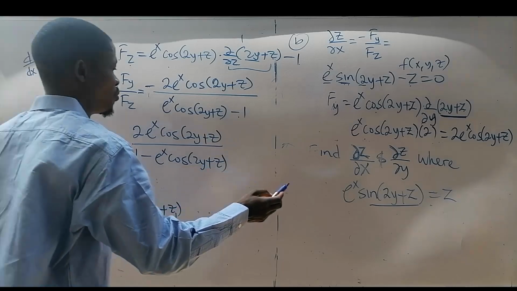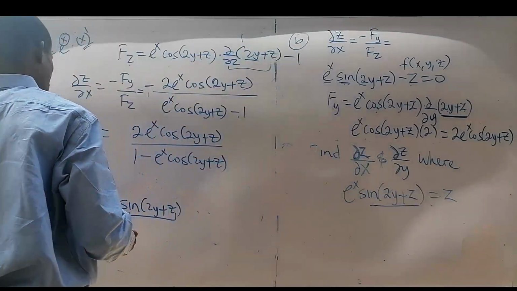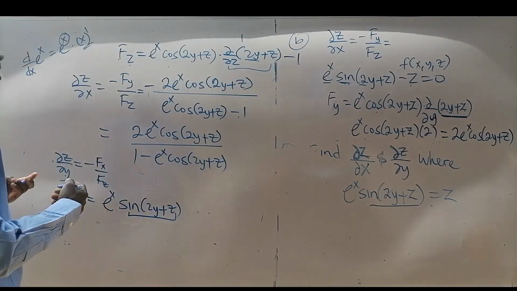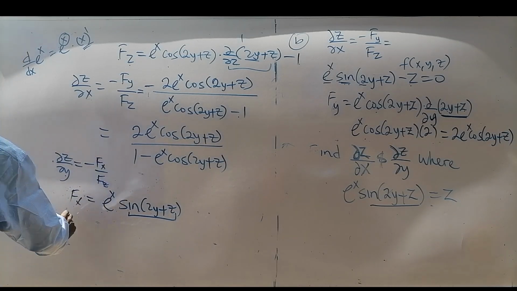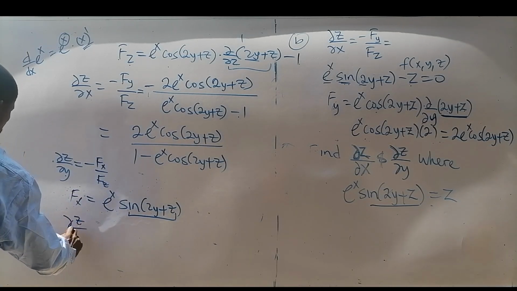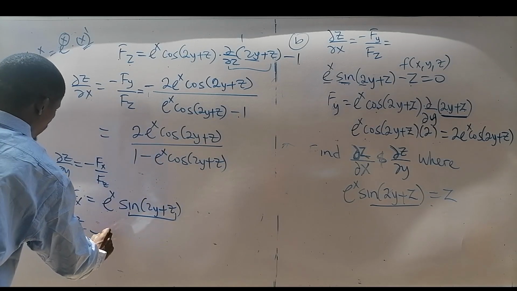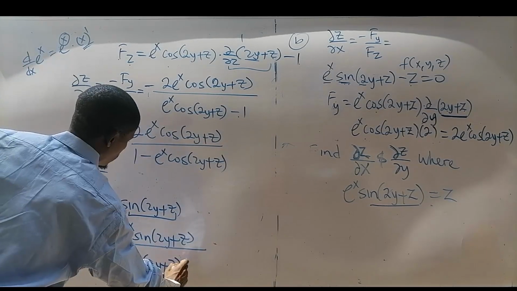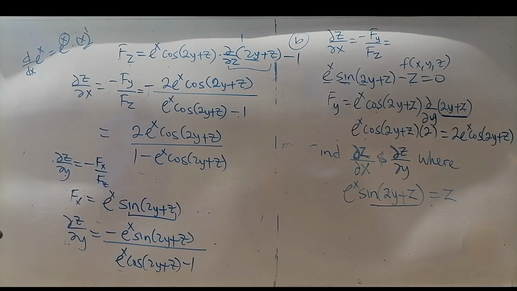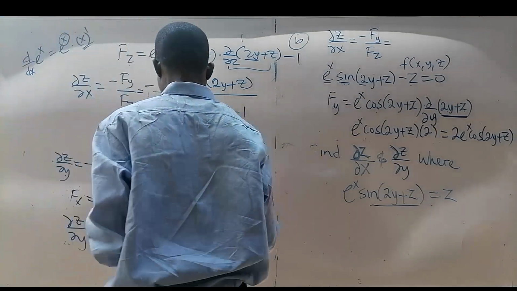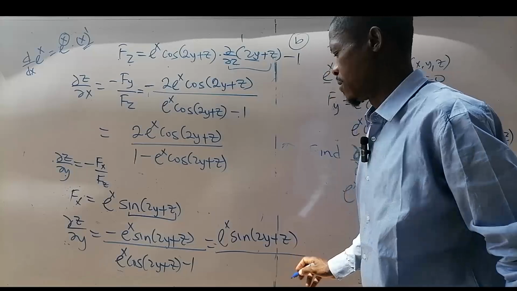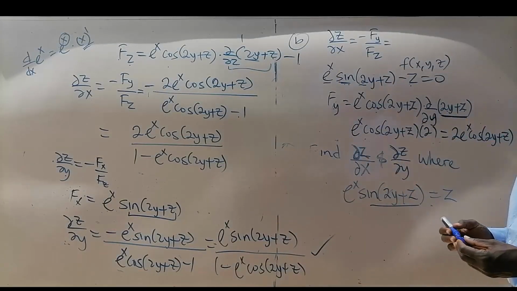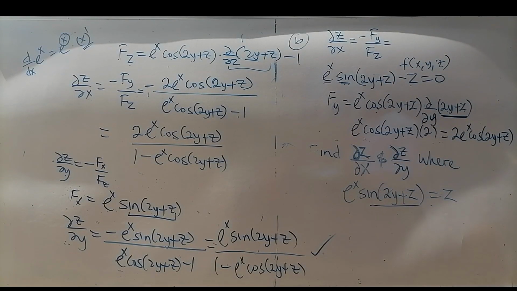And don't forget, we've already moved this one to the other side. Okay, and if you differentiate that, that's what? That's 0. Okay, so that's what we have there. So the final answer will just be equal to what? Will be equal to this minus this one. So that's what we have there. And if we like, we can write it in this form. Let the minus come down. So that's on that B part on that question.